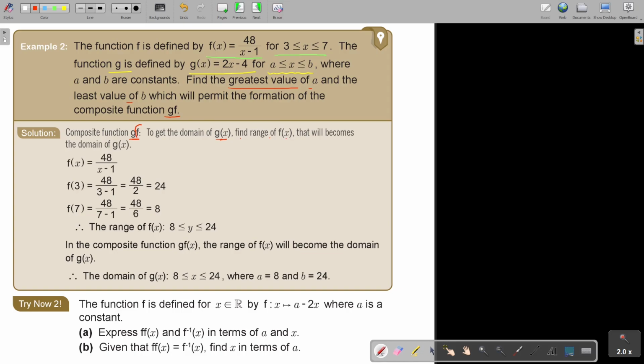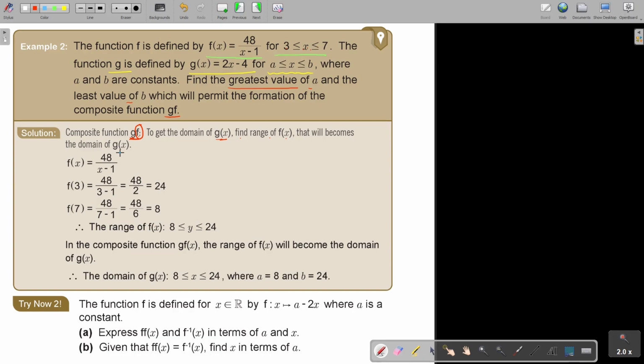So you take the inner function, you have the domain, but now substitute those values in to get the range of this inner function. And that range will be the input in g. So that range will become the domain of g. Keep that in mind. This is how we're going to approach this kind of sums.